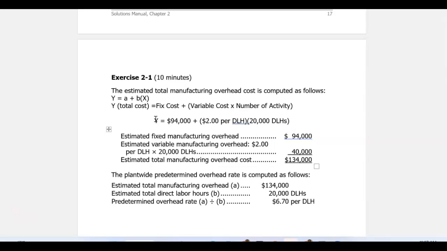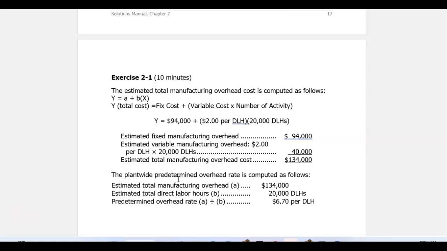So we calculate Y, total cost, as fixed cost 94,000 plus variable cost of $2 per direct labor hour times 20,000 direct labor hours, the estimated number of activity. So the Y ends up to be $134,000. Okay, $134,000.